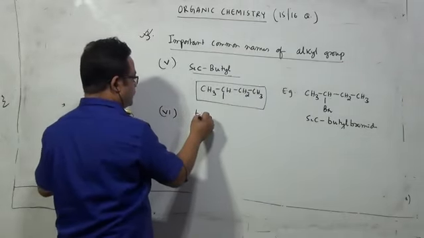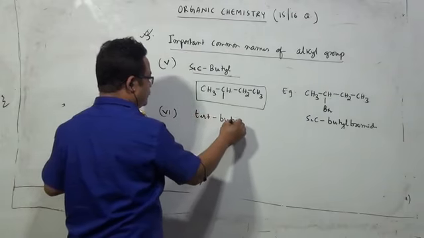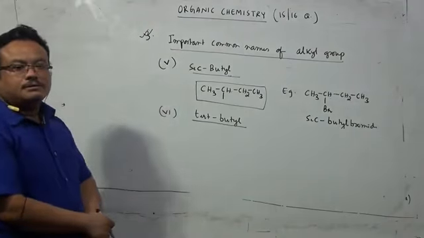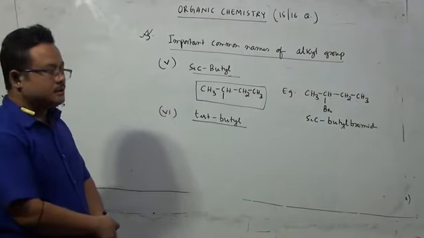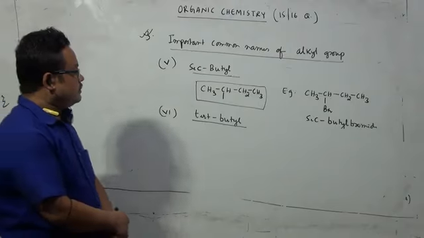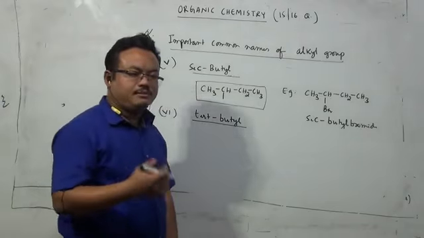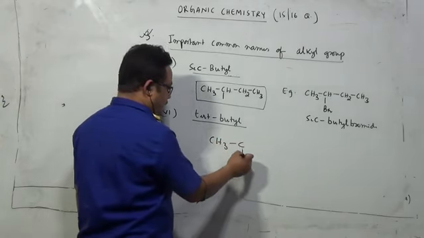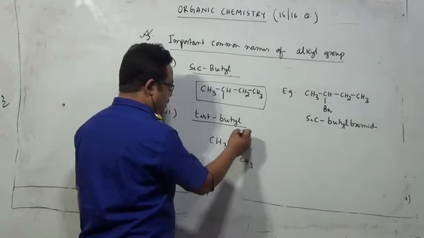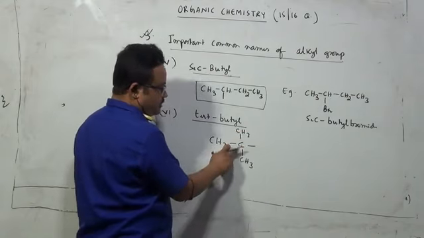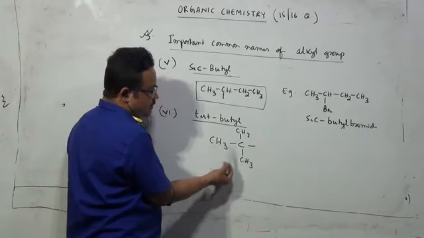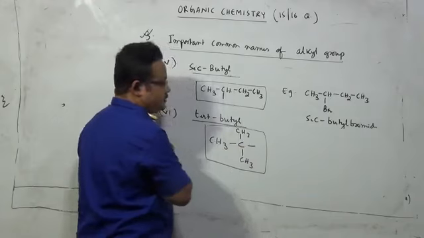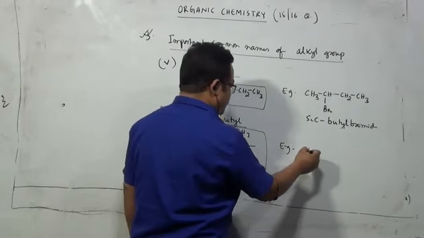Then we have next tertiary butyl. For tertiary butyl, the attachment should be given to the tertiary carbon. Butyl means total 4 carbons, and the attachment is at the tertiary carbon. This is a tertiary carbon because it is attached to 3 other carbons. So this group is called tertiary butyl, and this is tertiary butyl bromide.